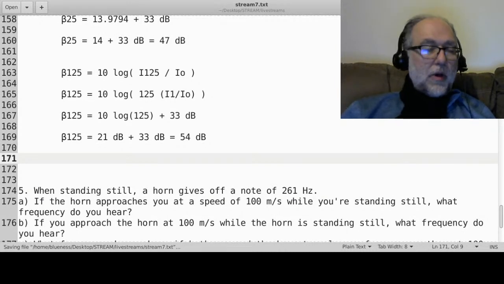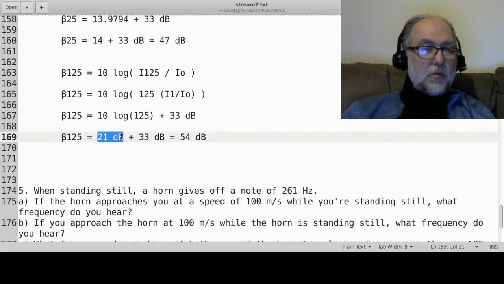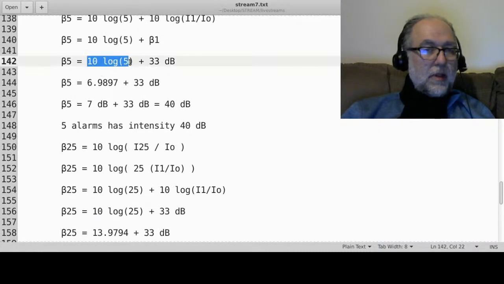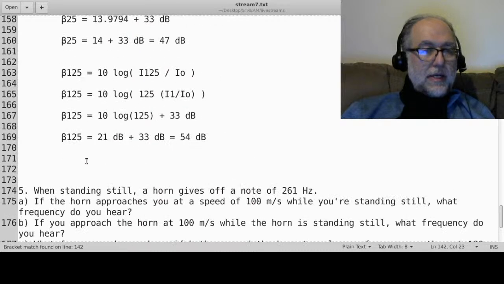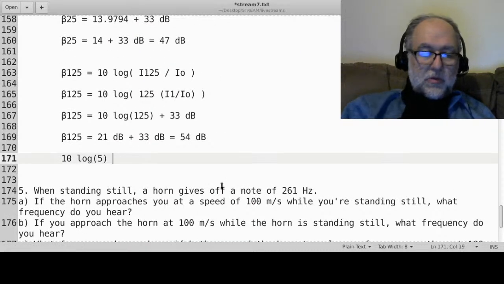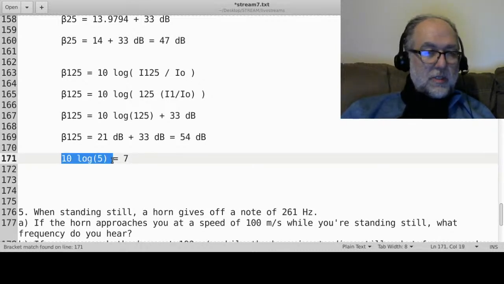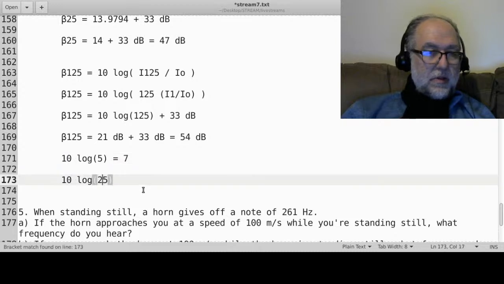All right, now, how did I know that that was 21? Well, let me show you how. If you go back up here, we had that 10 log 5 was about 7. You could just work it out in your calculator. It's a little less than 7, but that's close enough. Well, what about the next one? The next one was 10 log 25.